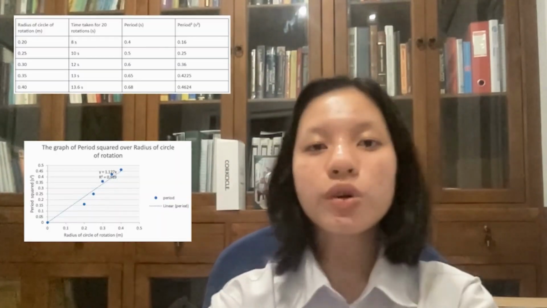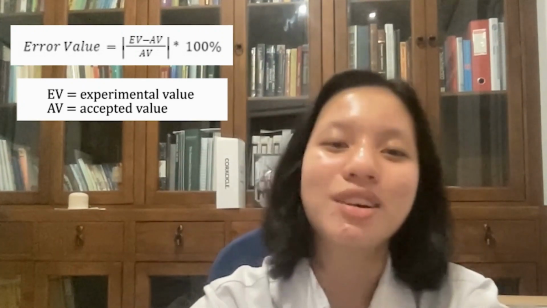After collecting all the data and processing the data into graphs and tables, we're going to start the analysis. So first, we're going to start with a percentage error analysis. Now first, the error value can be calculated using the formula: error value is equal to EV minus AV divided by AV times 100%.